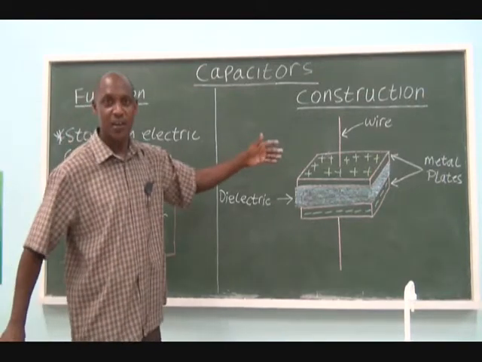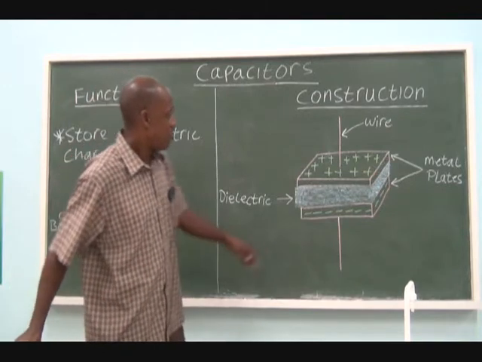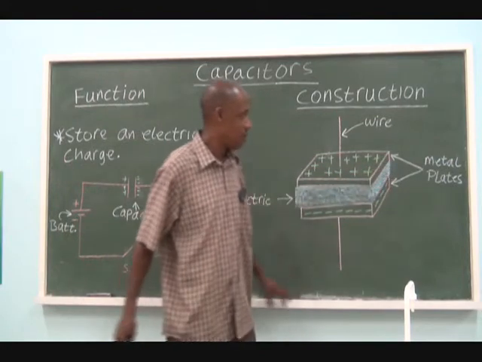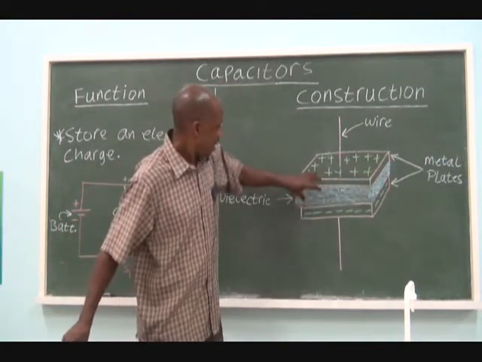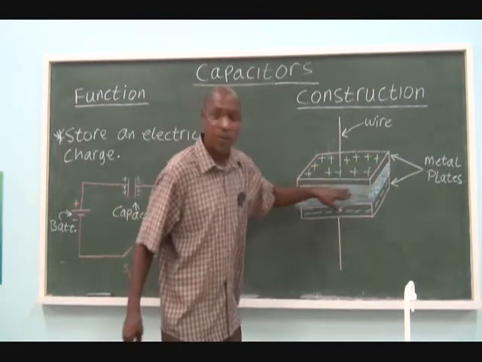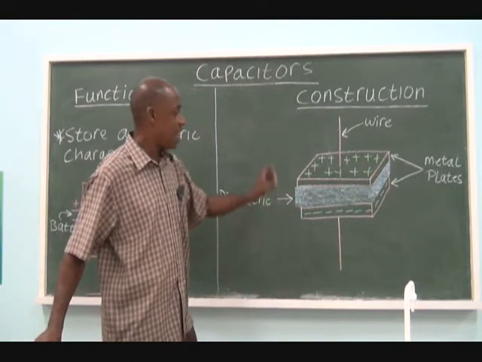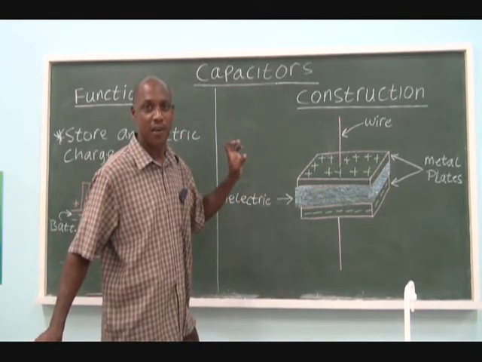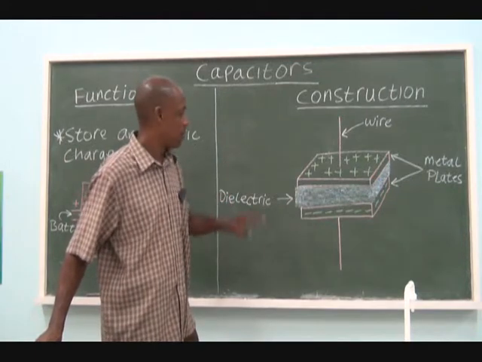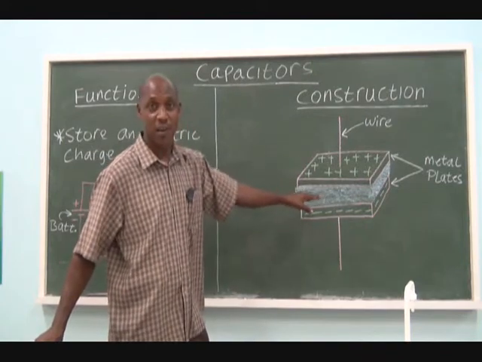Let's go ahead and take a look at the construction of the capacitor. As you can see, we have two metal plates. In the center here, this blue area is what you call the dielectric. Now the dielectric is an insulating material, any kind of insulation material. Sometimes even air is used as the dielectric.